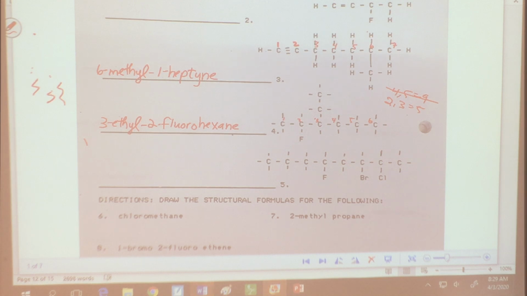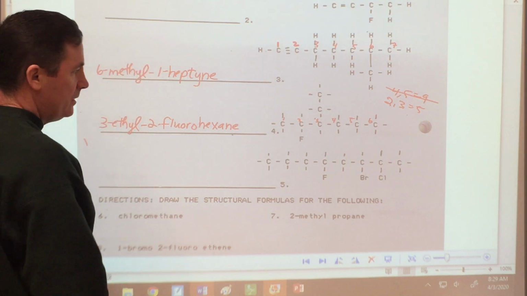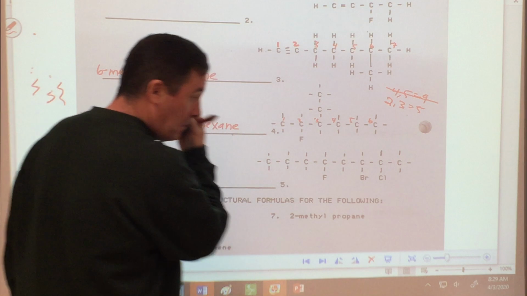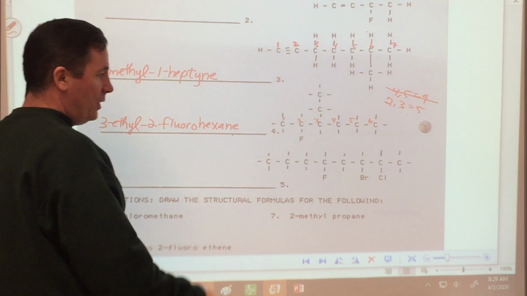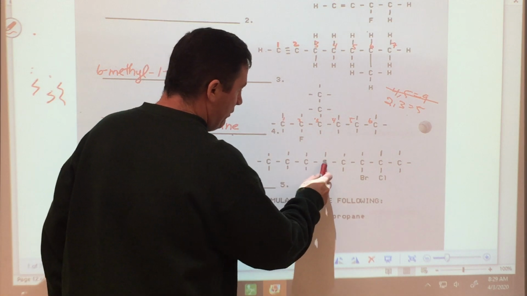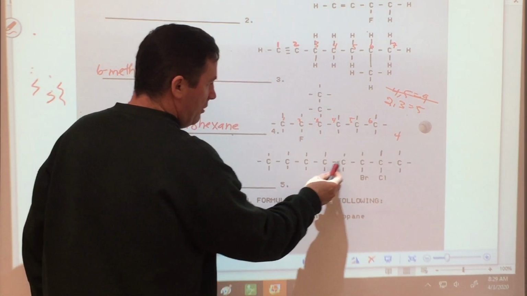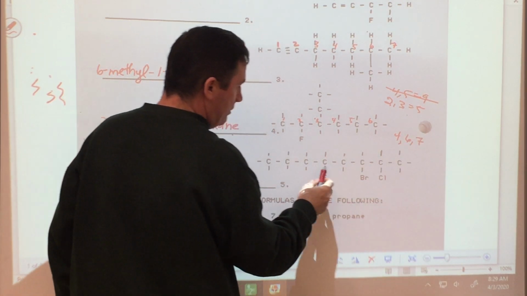All right, number 5. Let's try this one. Any double or triple bonds? No. We've got 3 substituents. What are my choices? 1, 2, 3, 4. I could go 4, 5, 6, 7. I could go 4, 6, 7.